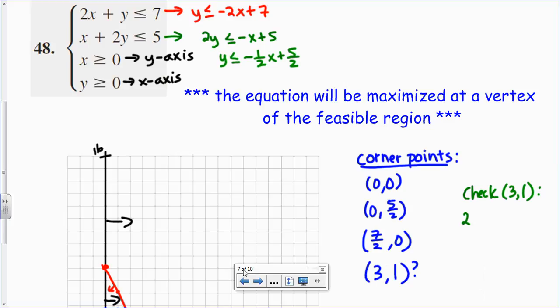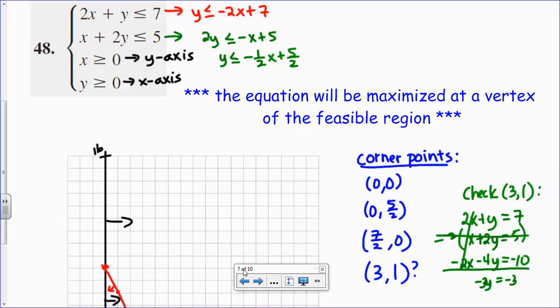So 2x plus y equals 7, because I'm looking at the equations now. X plus 2y equals 5. Substitution or elimination. If I do elimination, I'll multiply the bottom one by negative 2. If I add down, I get negative 3y equals negative 3.